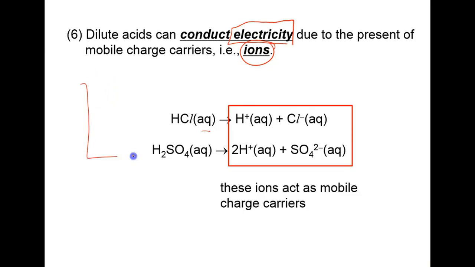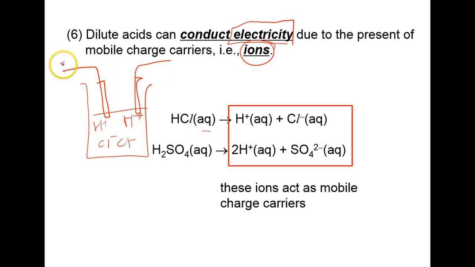If I have a solution here with H plus and Cl minus inside, and I were to stick in 2 electrodes here, one with a positive terminal, one with a negative terminal, my Cl minus will migrate to the positive terminal, my H plus will migrate to the negative terminal, and this migration actually contributes to the flow of current.